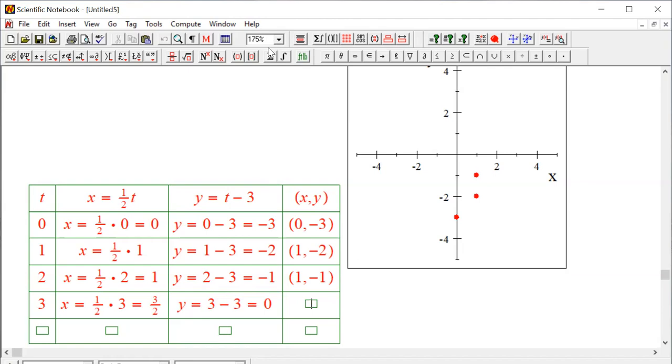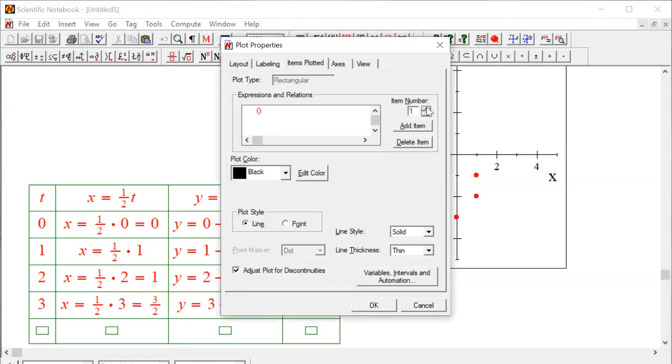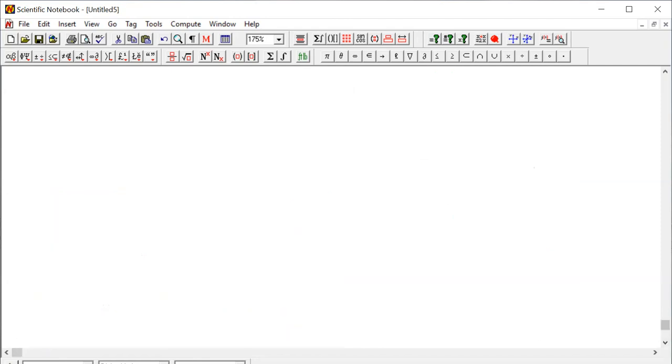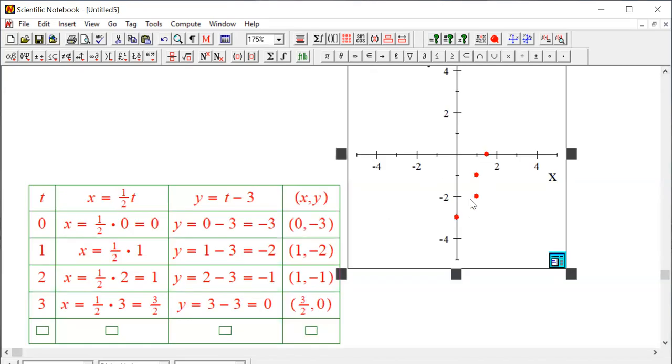So the next point is 3/2, 0, right? So we're going to put that point on the picture like that. You can see from moment to moment, the point is winding up. Can we calculate, say, t equals 2.5 or 3.1? Of course you can. And this way you can see the graph has a sense of direction.